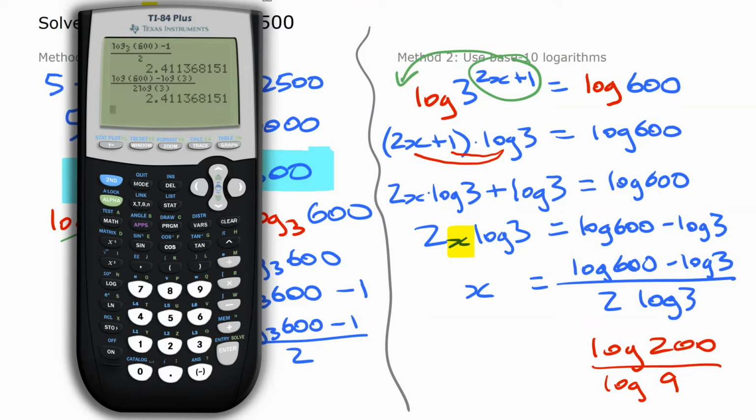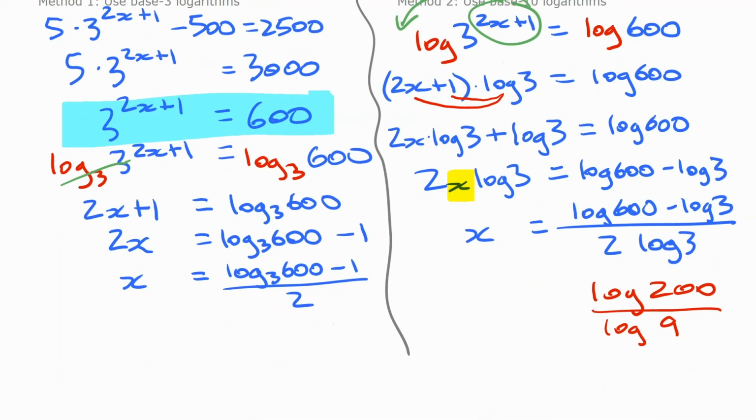You get that same value. As I said, you could put the simplified version there. This one I'll just do it this way, log of 200 divided by log of 9, and you'll see you get the same thing there, roughly 2.411, all right? So for both of those, the approximate answer is 2.411.